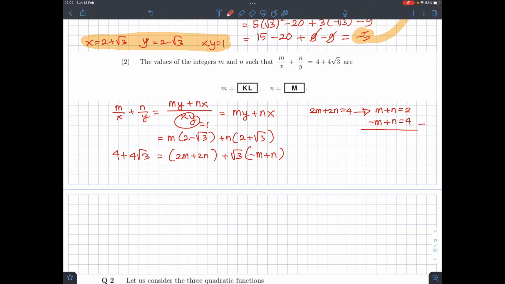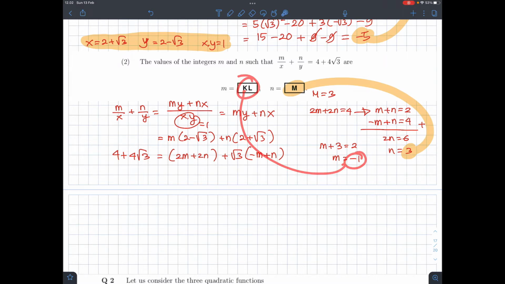Okay, we just add these two equations, we cancel the value of m, so you get 2n equals 6, so n becomes 3. Then you substitute the value of n here, so m plus 3 equals 2, so m equals negative 1.